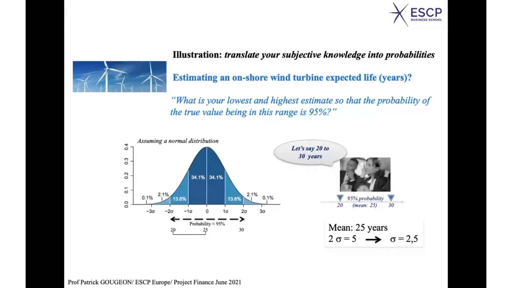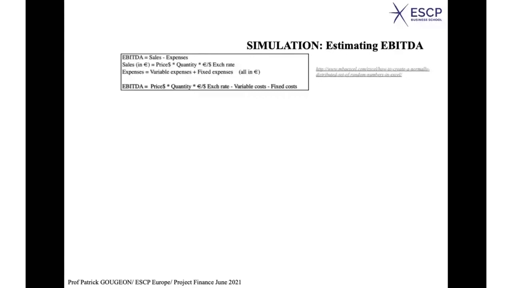Well, so I hope you have understood this approach. Now, let's take a more complete simulation example. We're looking at a project, and to make it simple again, we are just focusing on the EBITDA. A very simple definition of the EBITDA would be sales minus expenses.